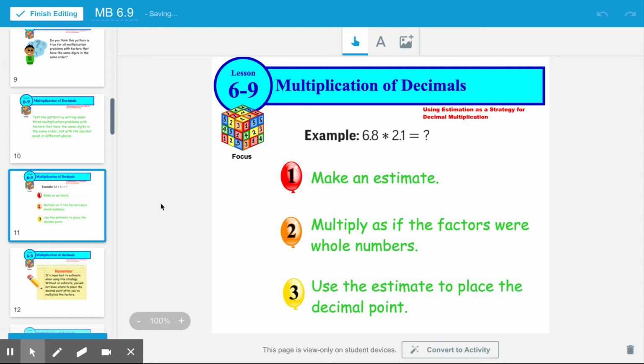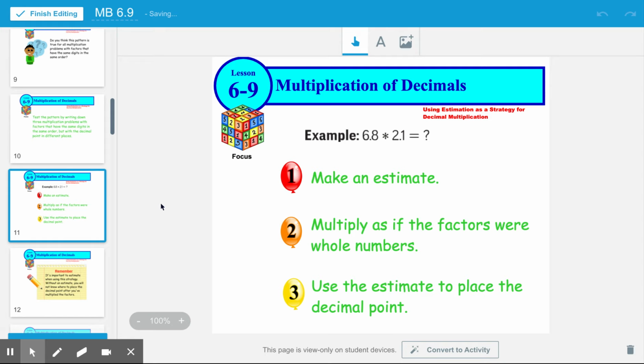So here's another example, and this is the process in which you would want to do as we move on with our work in these pages in the journal. Example would be 6.8 or 6 and 8/10 times 2 and 1/10. Your first step you want to do is make an estimate. Then you want to multiply as if the factors were whole numbers. So for this one, it'd be like 68 times 21. Then use that estimate to place your decimal point.